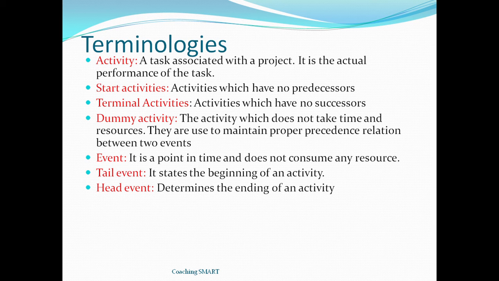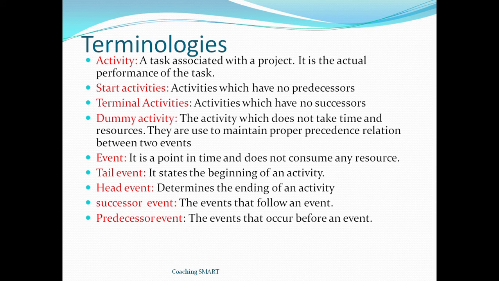Now remember, the symbol for activity is an arrow. So the tail represents the starting point of an activity. Head event represents the ending point of an activity, where the arrow is. Successor event, the events that follow an event.